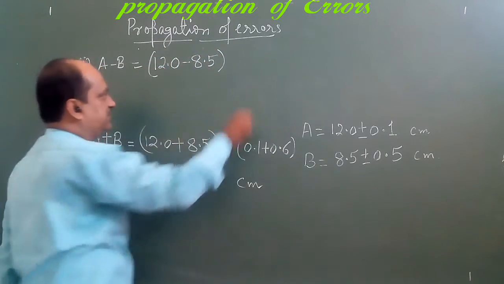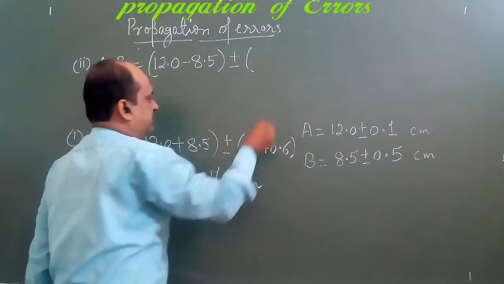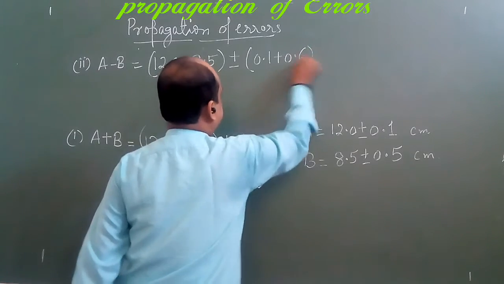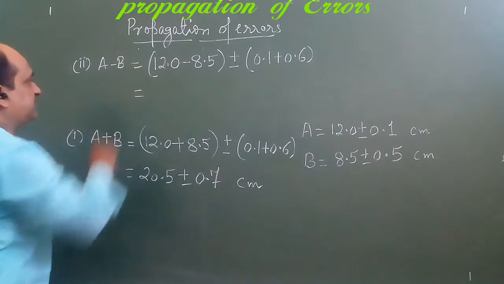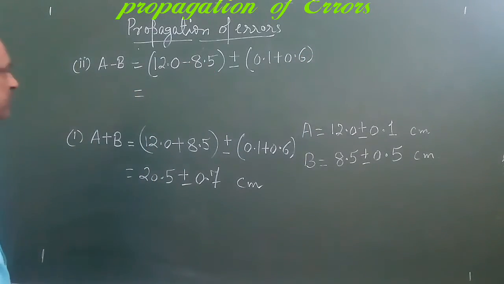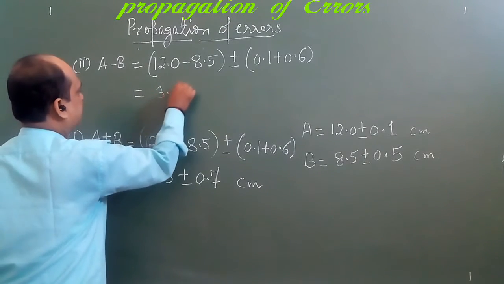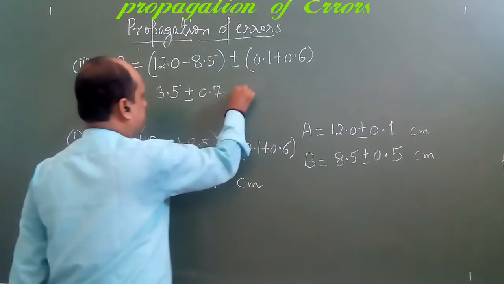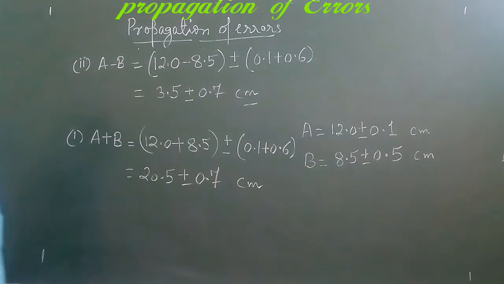This only gets subtracted, and errors are always added. So this one is 0.1 plus 0.6. So when we subtract 8.5 from 12, we get 3.5, plus minus 0.7. So this is the result for their subtraction. Now from these two, we can conclude that errors are always added, either in the case of addition or in the case of subtraction.